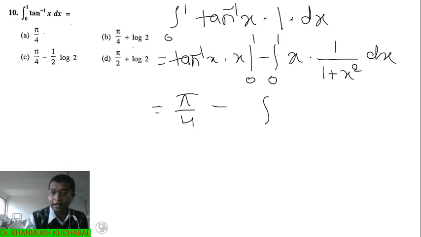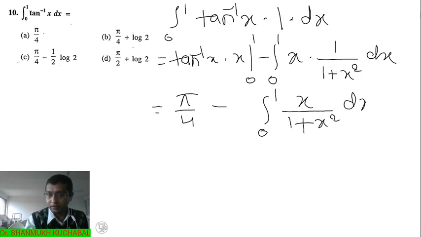Further I write the integration from 0 to 1 of x into 1 divided by 1 plus x square into dx. Here the denominator's differentiation: 1 is 0, x square is 2x, the 2 is missing, so to balance it I multiply by 2 and divide by 2.